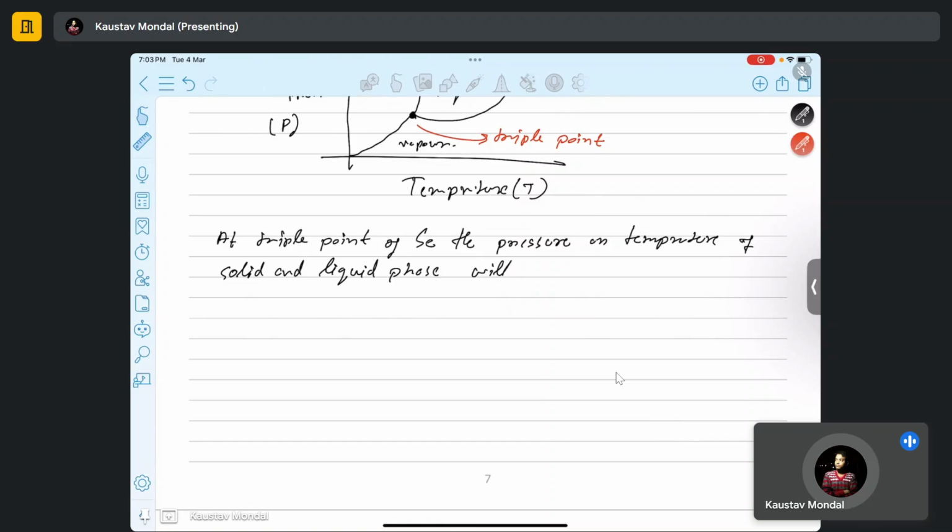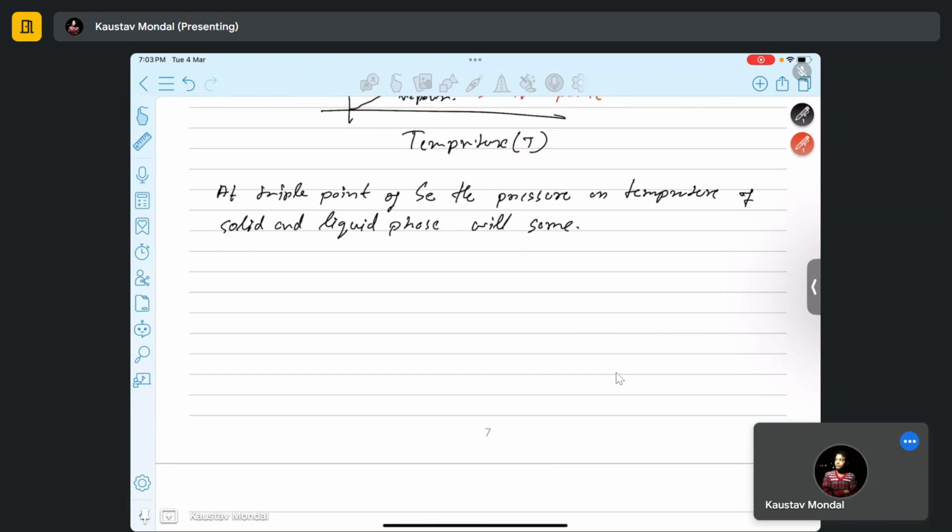Because these two phases coexist, their pressure and temperature should be the same at this triple point.